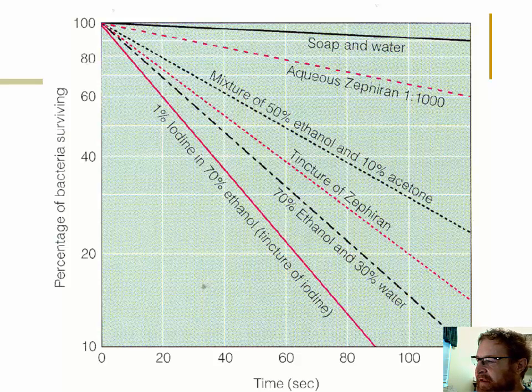So as you're washing your hands, sing happy birthday to yourself twice, and then you're probably getting to that 90% point where you're getting the vast majority of the cells to die, certainly making it safe enough to say eat or something like that.